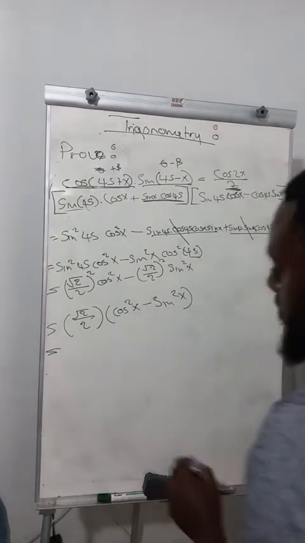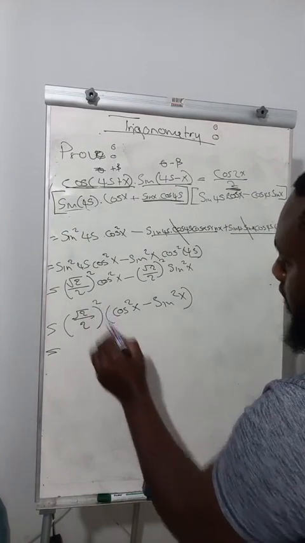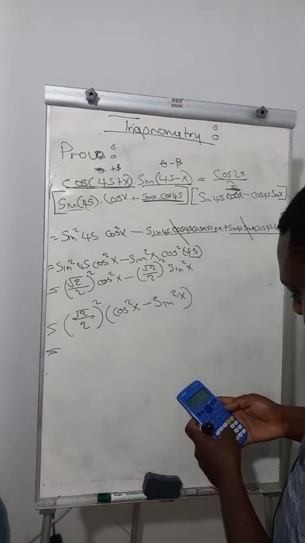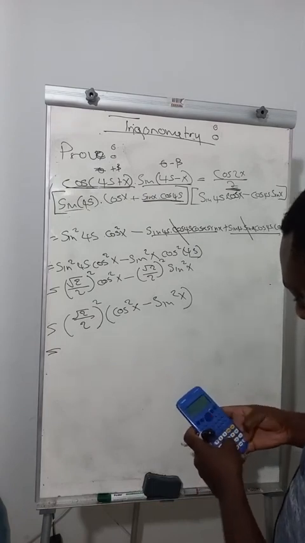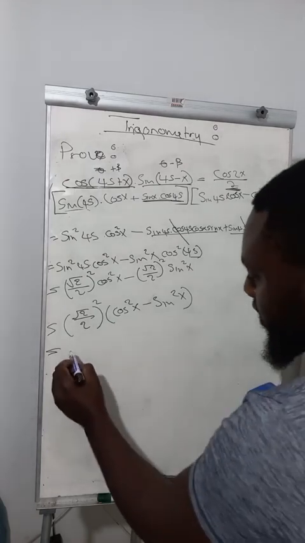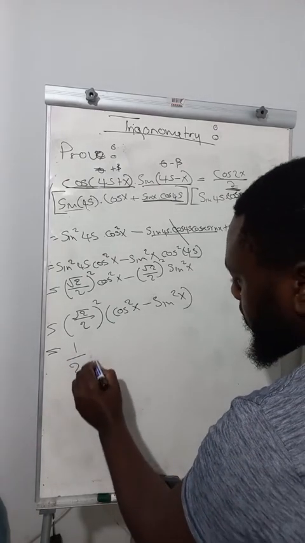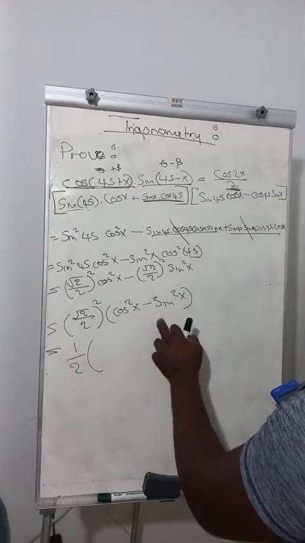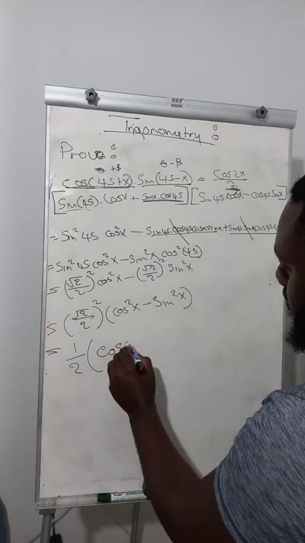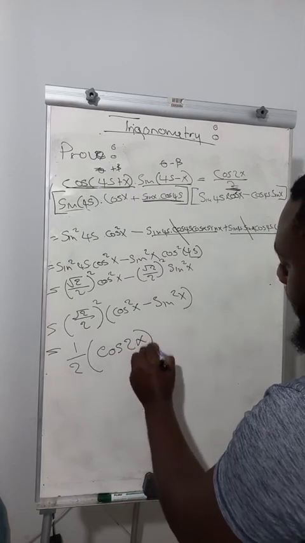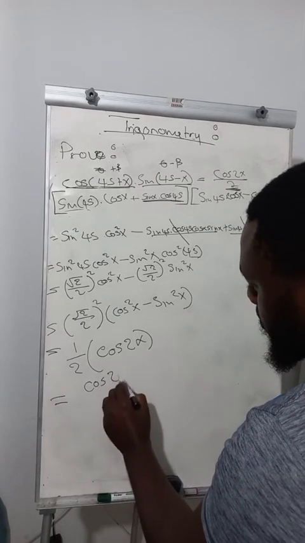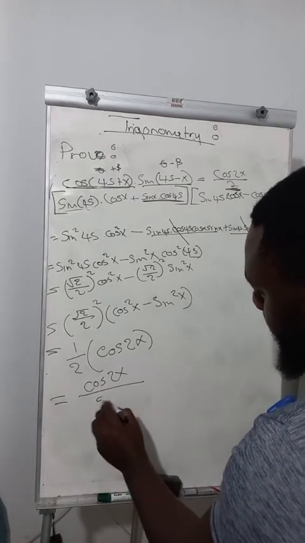This is squared here, so I will have the square root of 2 divided by 2 squared, which is just 1 over 2. This side here, I'll just have cos, which is going to give me 2x. So all in all, it will be cos 2x all divided by 2.